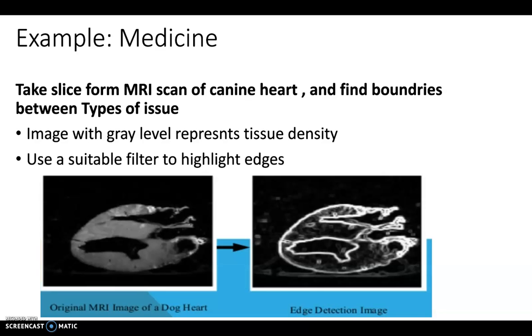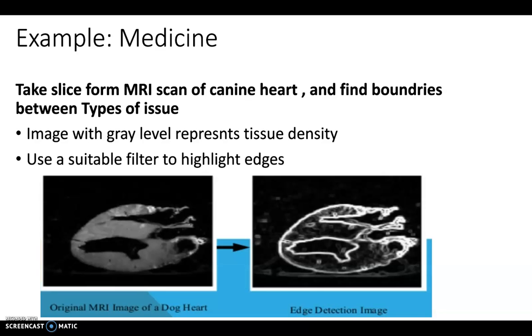For example, let us take an application in the field of medicine: how digital image processing helps in looking through different images and gaining the required information. We have taken a slice form of an MRI scan of a canine heart and find the boundaries between the types of tissues.